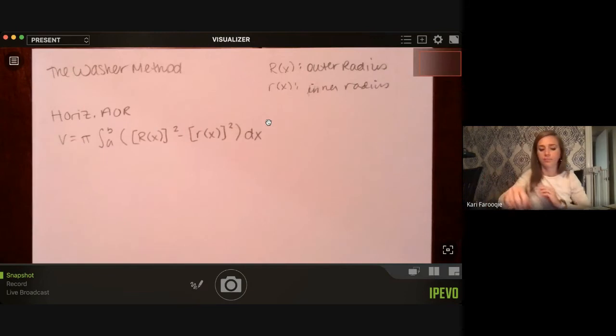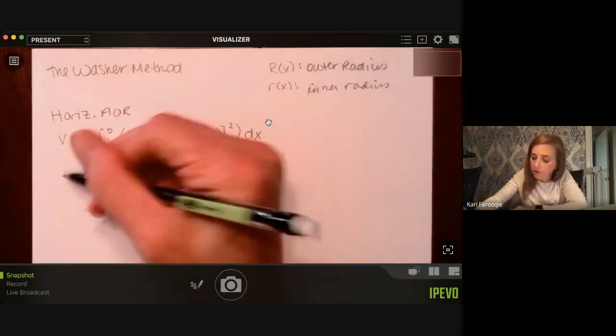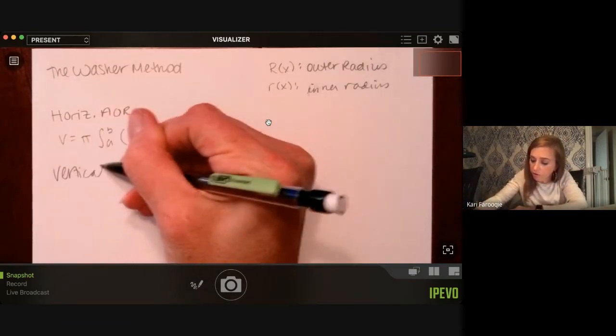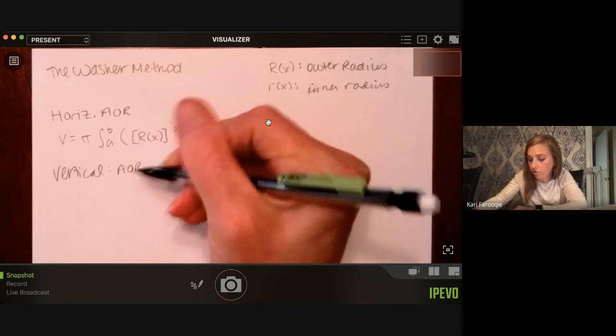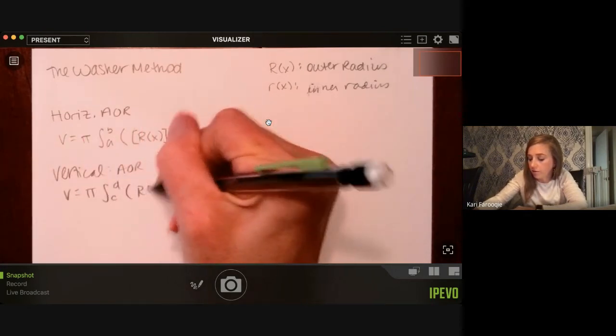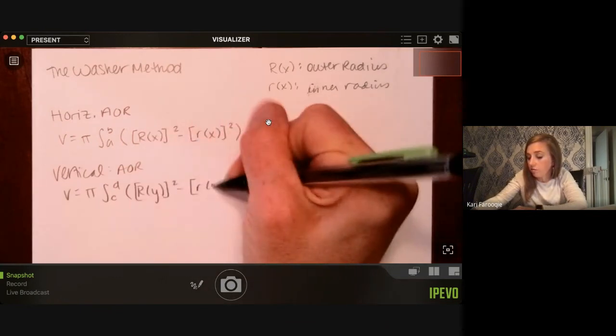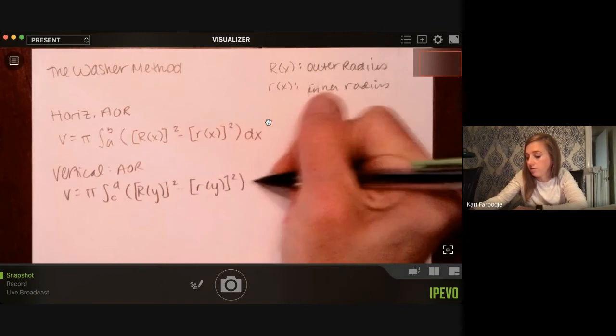All right. So that would be a situation where you have a horizontal axis of revolution. You'd be using this formula. For a vertical axis of revolution, same idea. You can figure out what the formula would look like, but you're going from c to d, and you're going to take R of y, quantity squared, and subtract off little r of y, quantity squared.